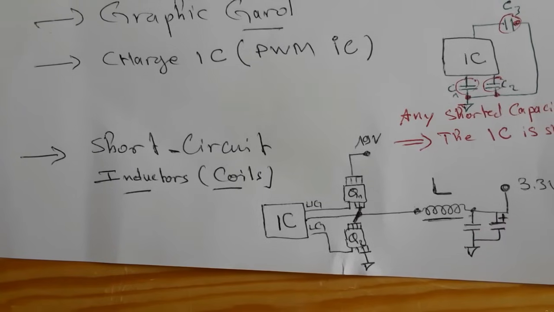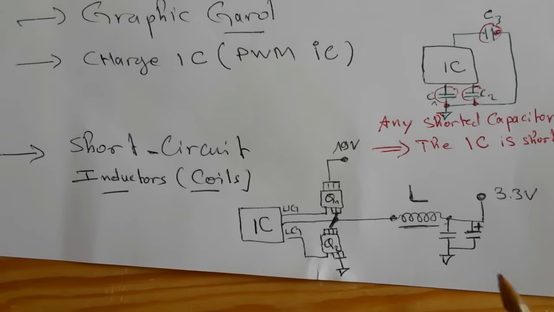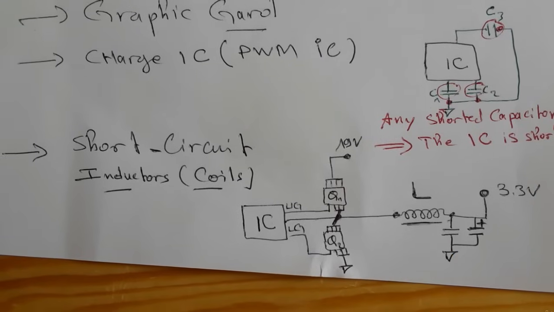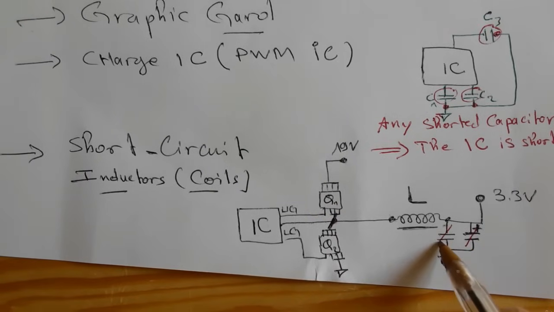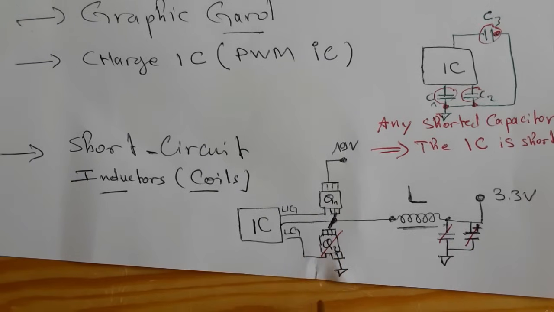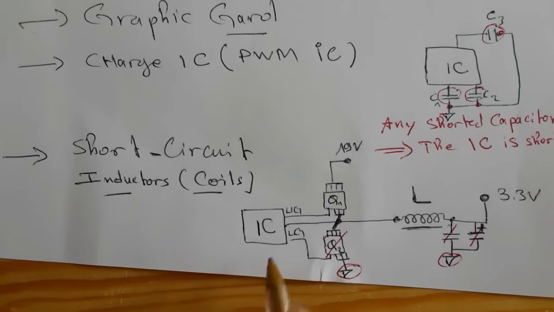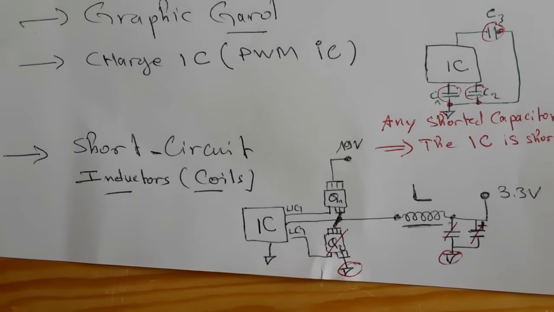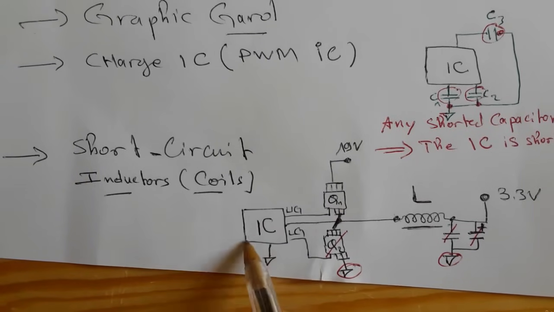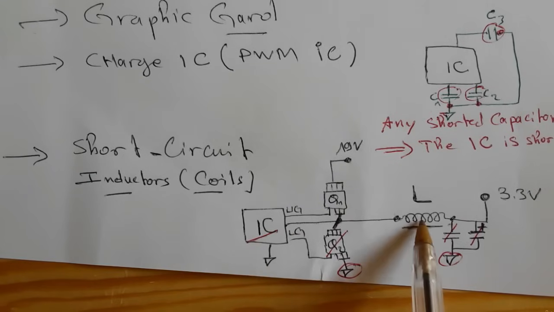Of course, in the output, we will always find capacitors, especially a chemical capacitor or polarized capacitor. If there is any short in those components, capacitors or MOSFETs, or even the IC, you will find that the coil is shorted to the ground.